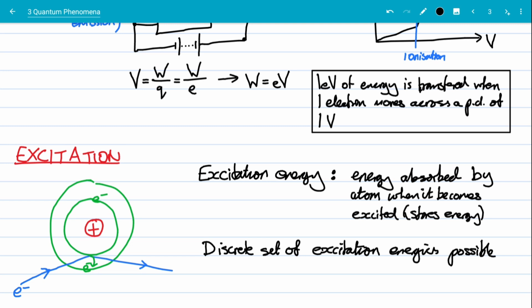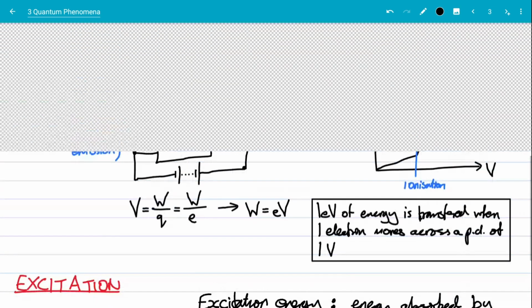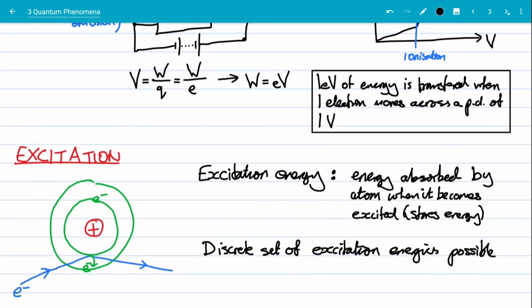But I'll stop there because I think that's enough for us to go on. Usually excitation energies are in the order of electron volts, 1, 2, 3, 4, 5, 6, 7, and so on. And ionization energies tend to be sort of 10, 15, 20, not quite as high as 15 and 20, but they tend to be in those sorts of regions of electron volts. And that's the end of this lesson.